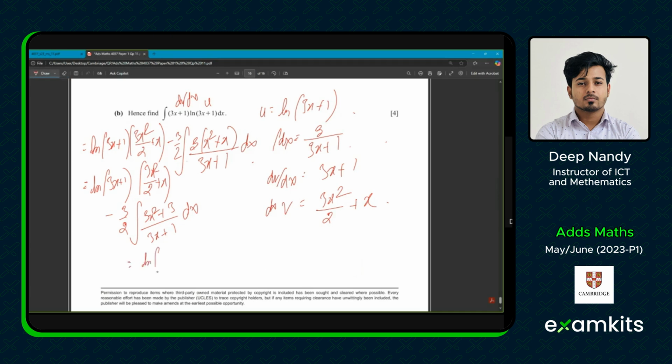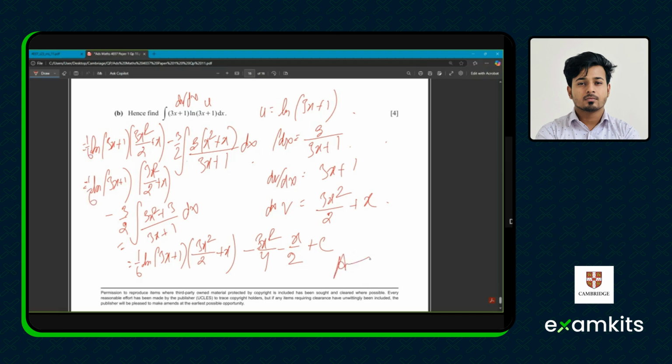So from (3x+1), (3x²/2 + x) minus, if we integrate the value, we're getting minus 3x²/4 minus x/2, minus 3x²/4, 3x²/4 minus x/2, plus 2 and 1/6 here, because as we differentiate it, it gets to the power of 6. 1/6. That's all.